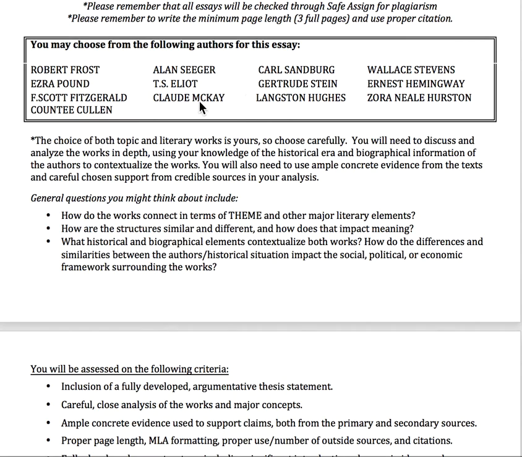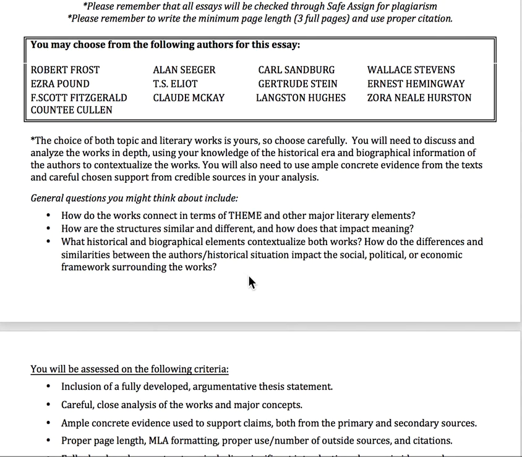So if you compared someone like Countee Cullen, who sticks with very strict classical forms of poetry, to someone like Langston Hughes, who plays with form, who plays with free verse, and who mirrors blues rhythms and jazz rhythms, that's a really significant thing. So how do the structures compare, and how does that impact the meaning itself?